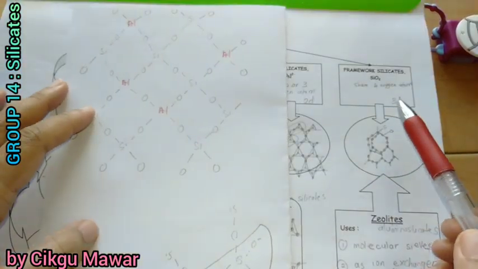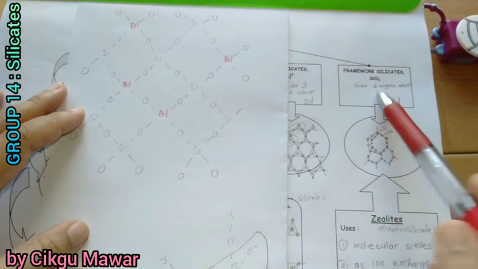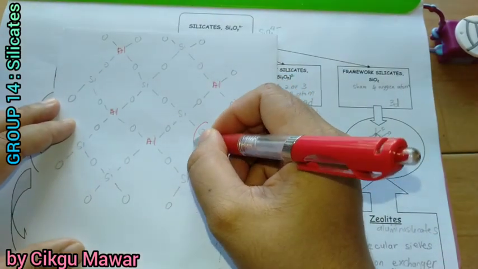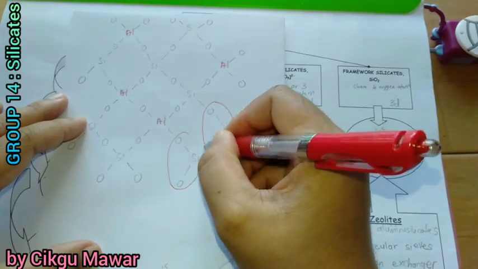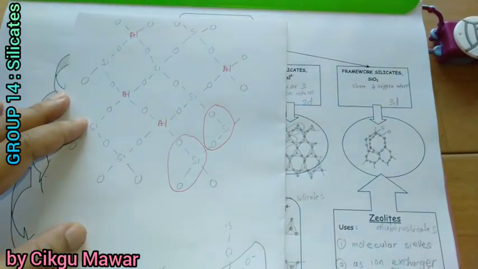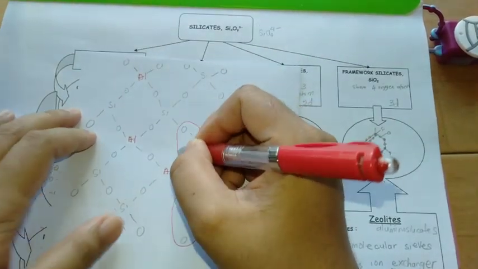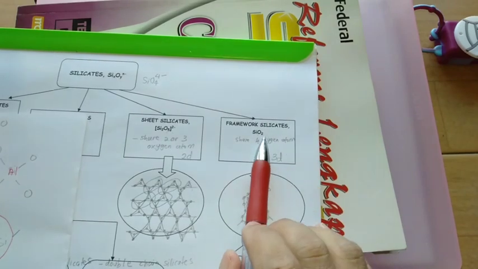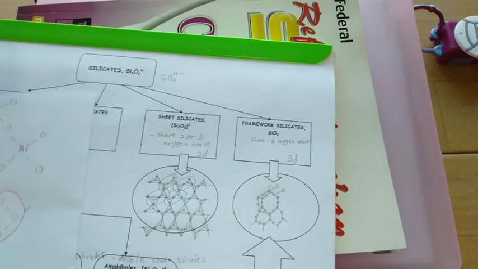So we can see why the basic unit for framework silicate is SiO2. This is the repeating unit of framework silicate, which is SiO2. So that's why the basic unit for framework silicate is SiO2.